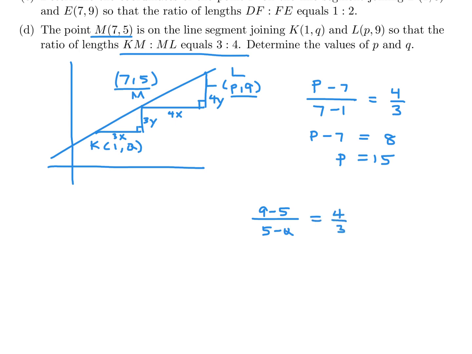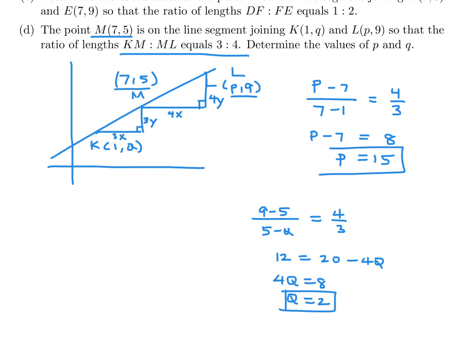And then this will be able to figure out the value for Q. So 9 minus 5 is 4. So 4 times 3 is 12. And then that'll be 20 minus 4Q. So 4Q is equal to 8. And then therefore Q is 2. So that's pretty much what they're asking for to determine the values of P and Q.